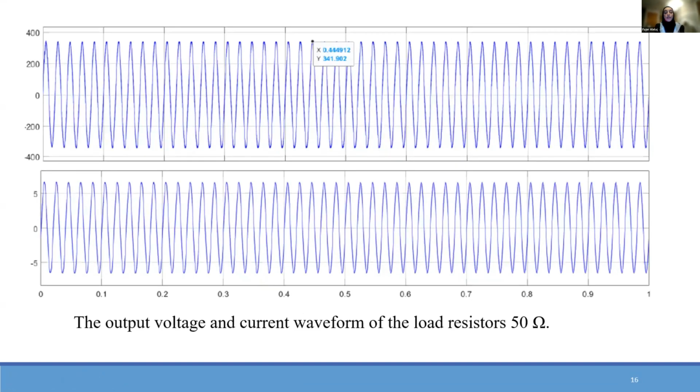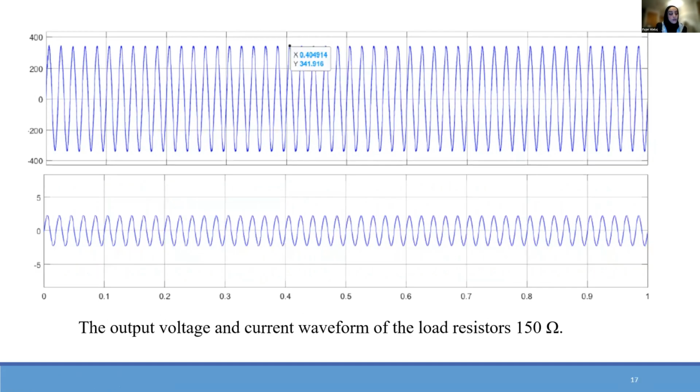which is the required voltage. The other test was when I changed all the loads to 50 ohm instead of 100. As you see here, the system also reached the required output voltage, and that one is representing the current. The current was affected and increased according to Ohm's law.